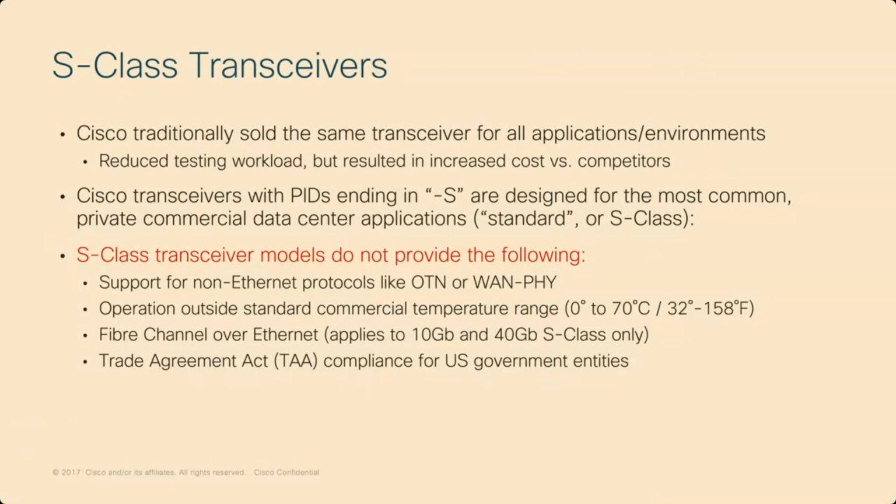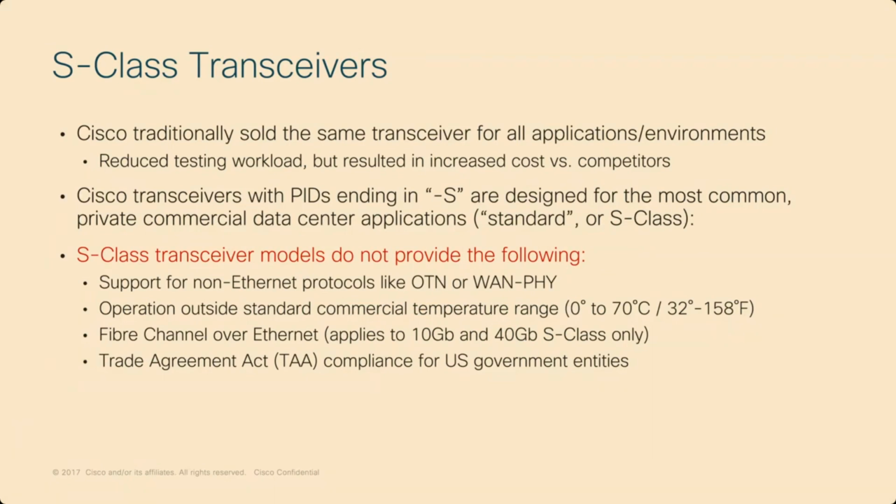You may see something called S-class transceivers. So in recent years, we started phasing out the testing for different adapters for different environments. We realized that the vast majority of customers don't have specialized requirements for the Trade Agreements Act or specific temperature ranges or being able to use OTN, optical transport networks, or WAN-PHY.